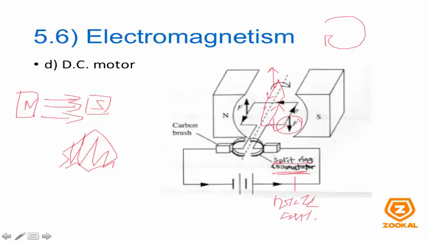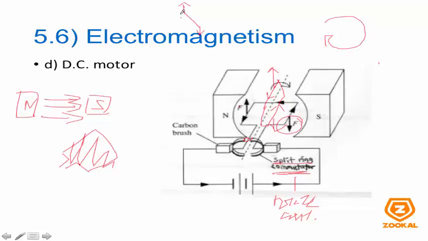So what happens is that at these positions, when your coil is perpendicular to the horizontal axis, there will be this gap over here with the carbon brushes, so it will be an open circuit. Before it was an open circuit, previously there was a coil that was moving. Maybe this is a 2D diagram of it.